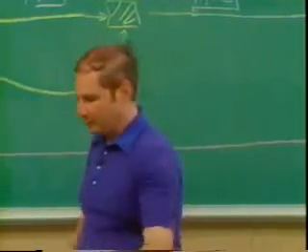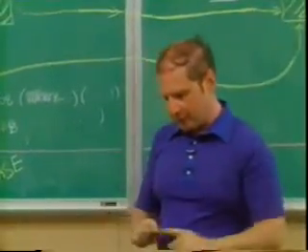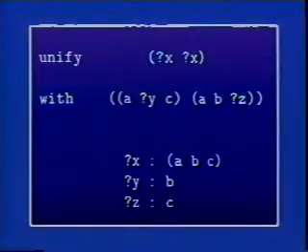I'll give you an example. If I have the pattern two-element list, which is X and X, this says I have a two-element list where both elements are the same, and otherwise I don't care what they are.